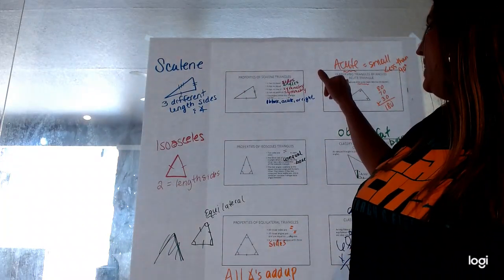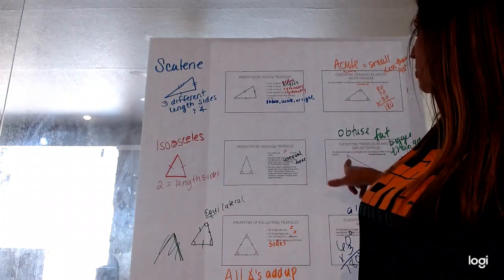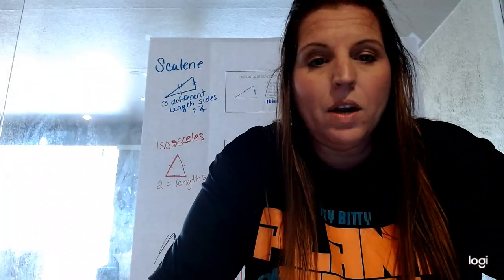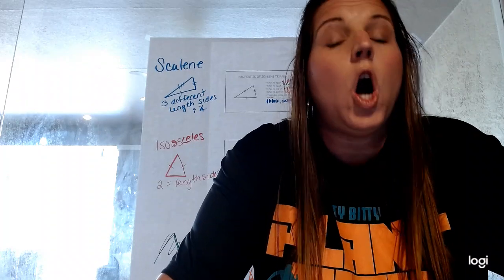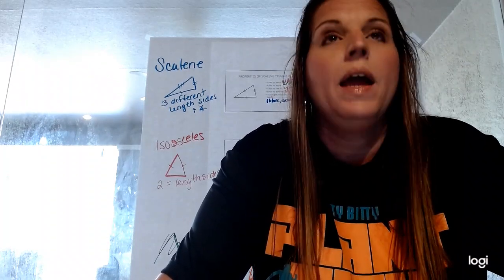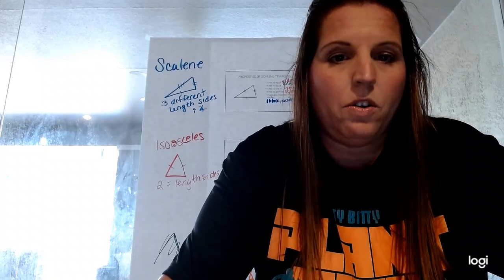And if I want to know by the angle, I want to know acute, obtuse, or equilateral. Remember, obtuse is just with one angle greater than 90 degrees. Acute triangle, all of them are going to be less than 90 degrees. Okay. And an equilateral triangle, every one of them is going to be 60 degrees.